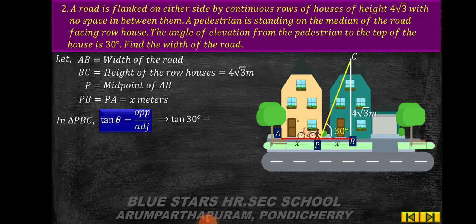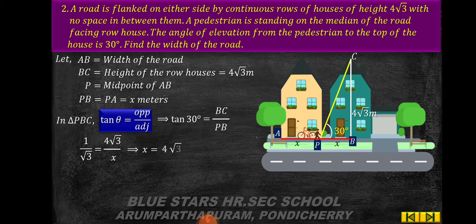That is, tan 30 degree is equal to the opposite side BC, which is opposite to theta, divided by the adjacent side PB. So tan 30 degree value is 1 by root 3, which is equal to BC, 4 root 3, divided by PB, which is x, which implies the next step is cross multiplication.